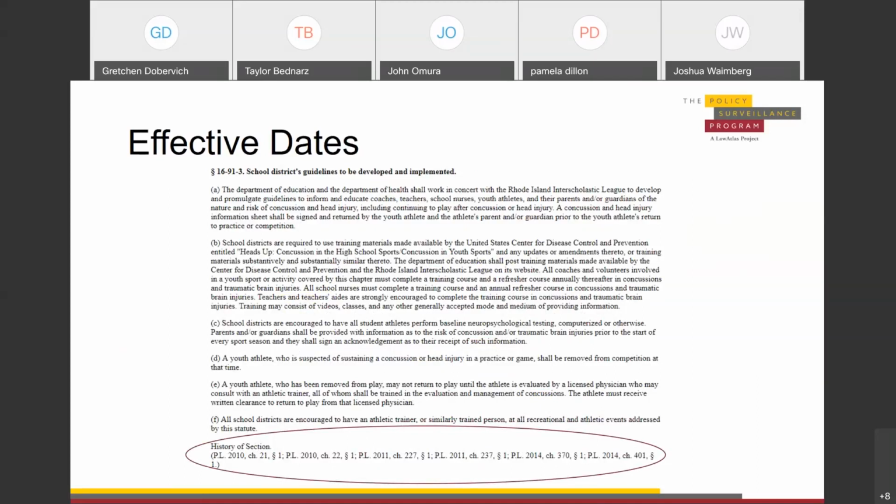So in this situation, you would need to look at the session laws referenced in this history of the section to identify the effective dates if you were just going off of this sort of effective date information.